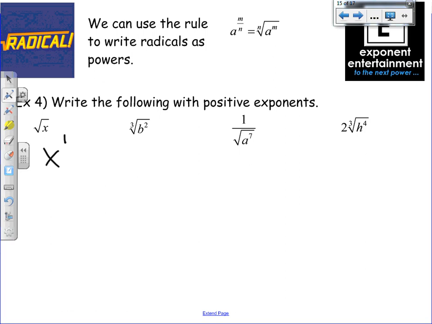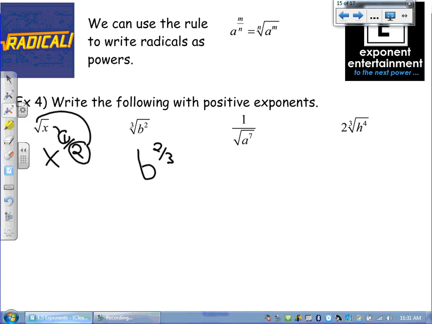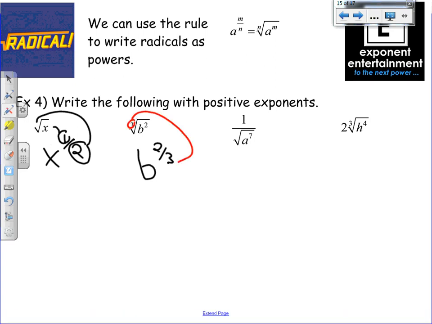So if we follow the same theory for this one, what will our answer be? 2/3. Same theory. That right there, that right there. Next one. Same theory. What do we get?